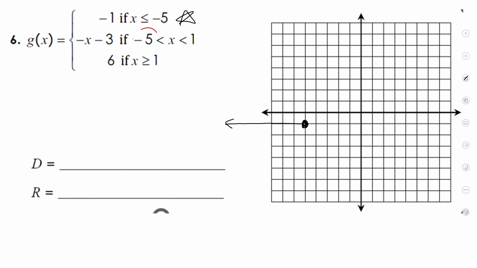We have -5. Let's plug that into here. So you have minus, and then you have a -5 that you're plugging in. What do we get? 2. So if I make a table, I plugged in -5, got out 2. Let's plot that point. It'll be an open circle.